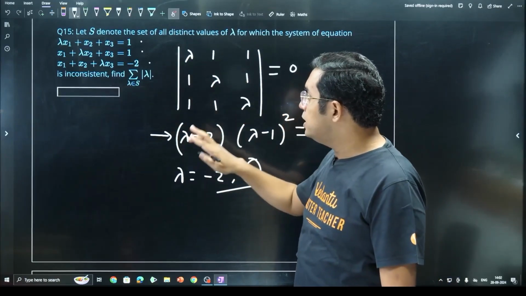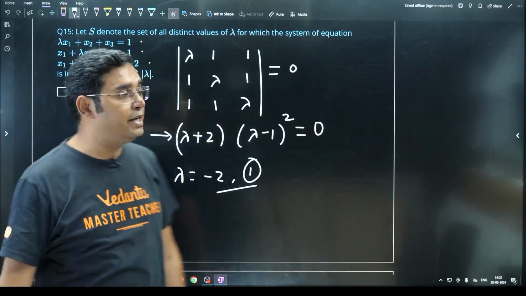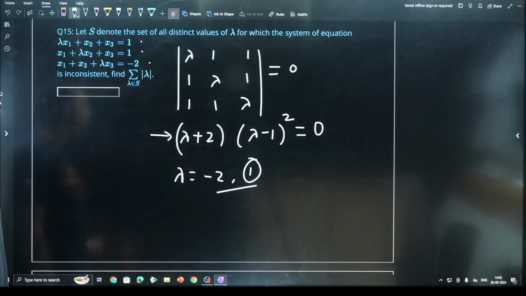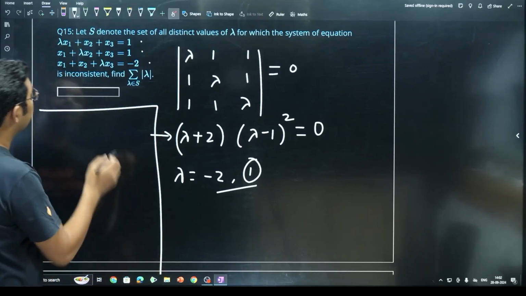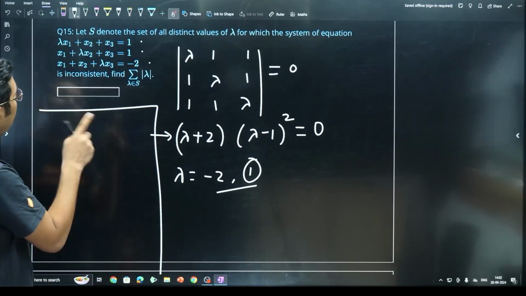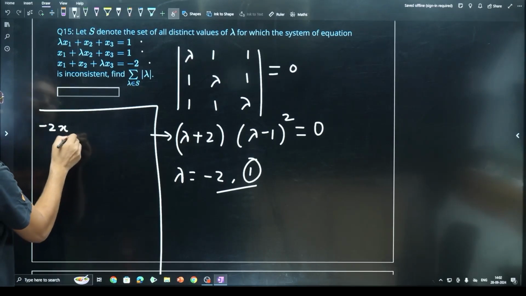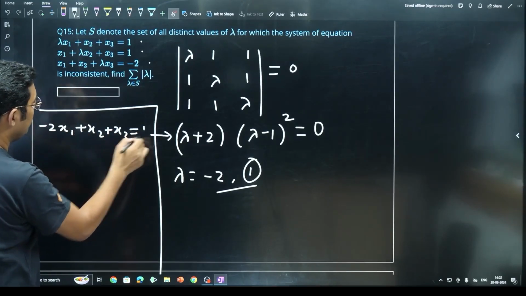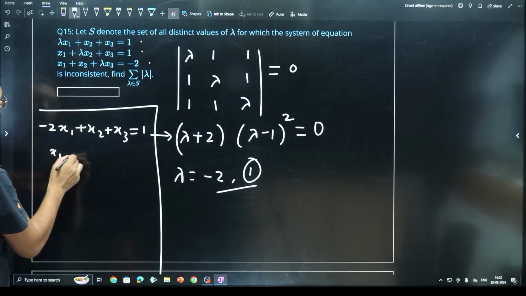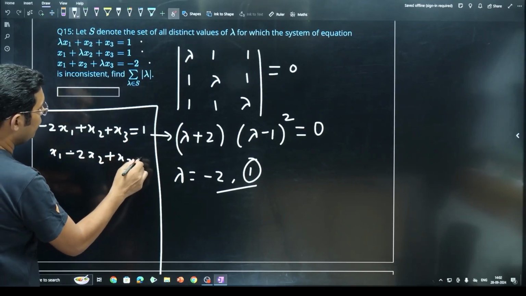Now moving to the value lambda equal to -2, for that maybe we can find the values of dx, dy, dz, that will give you the answer. Or maybe what you can do, you can try to find the solution for lambda equal to -2. So -2 x1 plus x2 plus x3 is equal to 1, and here it is x1 minus 2 x2 plus x3 equal to 1.